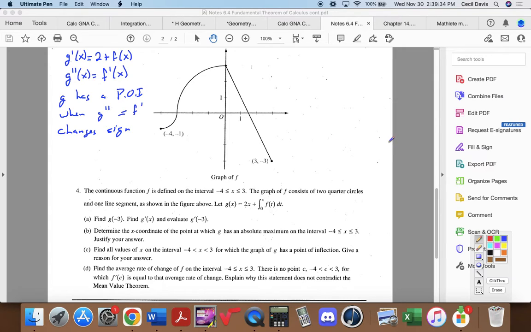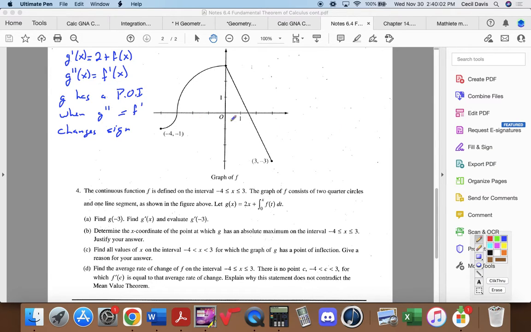When does f prime change sign? Right, I'm asking specifically, what x value? Oh, x value? Negative 3 and 1/2?